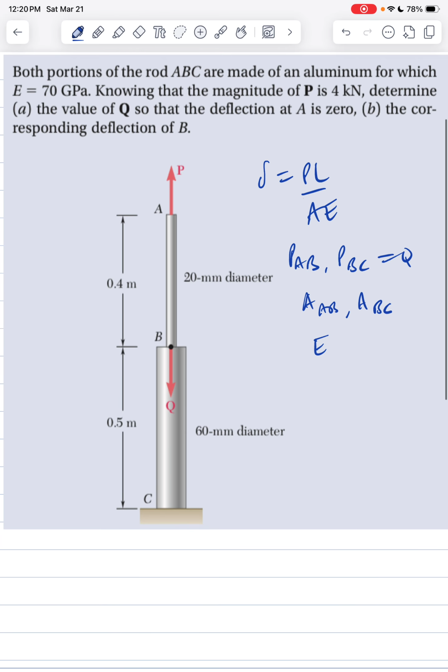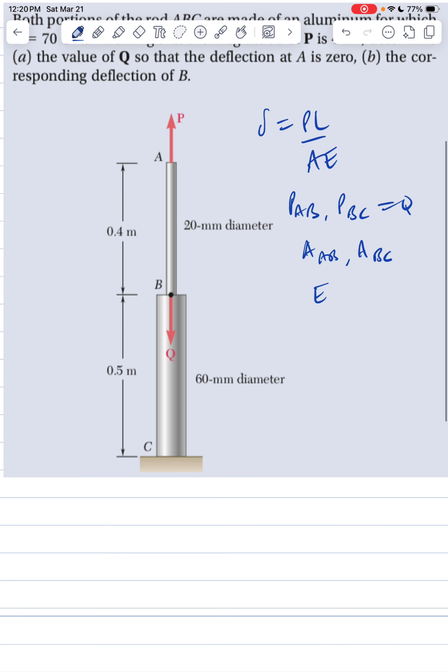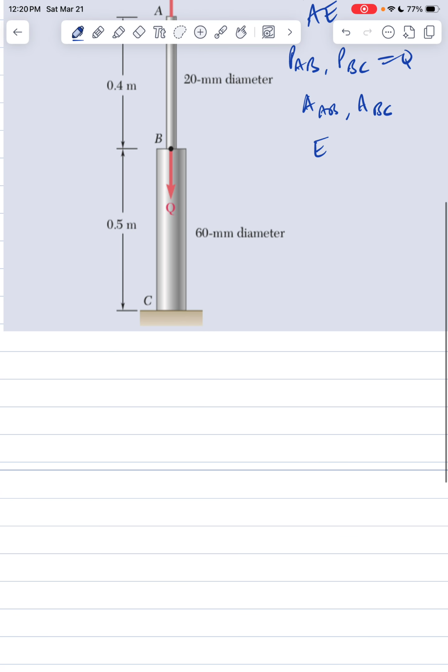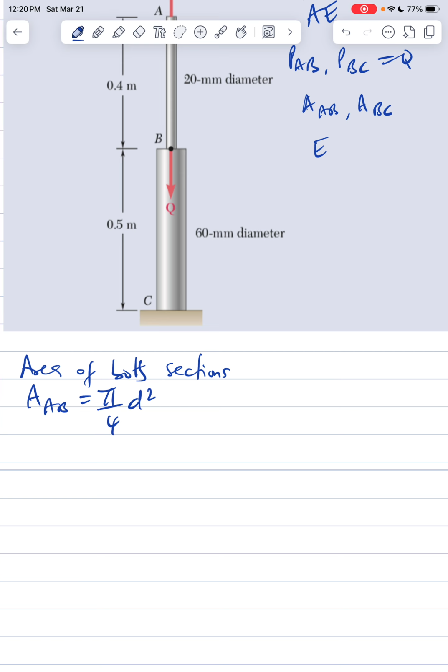So for this problem, let's start with the area of both sections. Area of AB is pi d squared over 4, right?